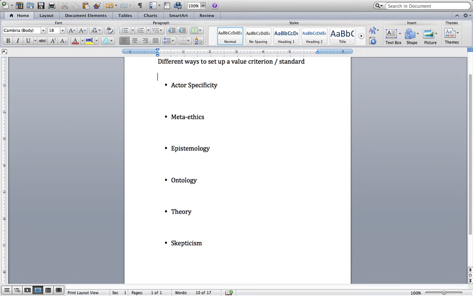So who you are influences what your responsibilities are. Who you are, the hat that you wear, and the role that you play should impact normatively what you should do. This should make a ton of sense, yeah?